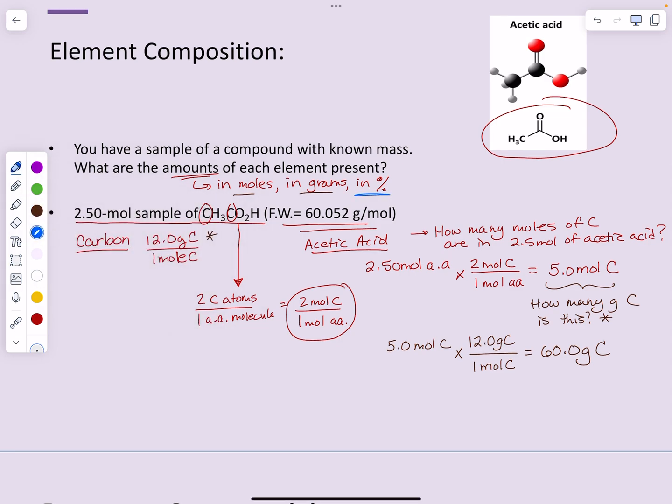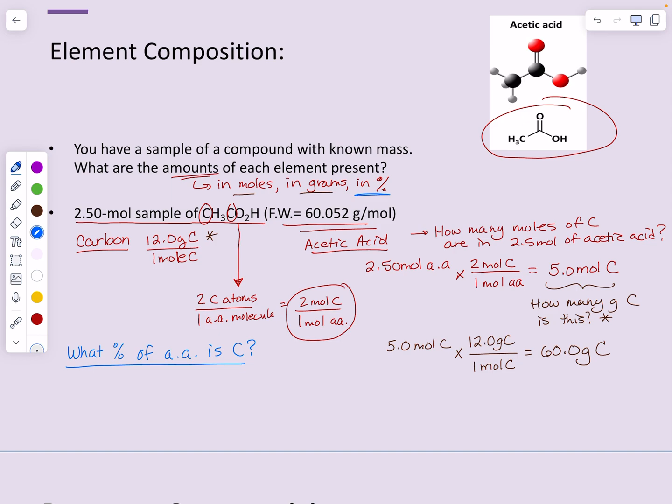Okay? All right, so what percent of acetic acid is carbon? So what we can do is we can take the number of carbon atoms in the molecule, right, and the amount of mass that we know those atoms represent.